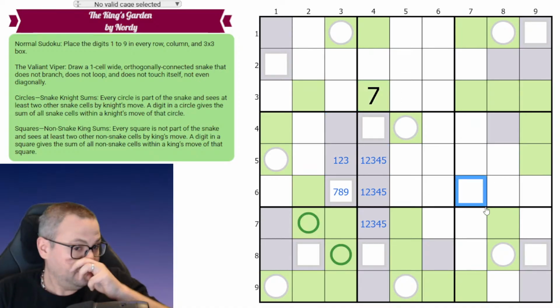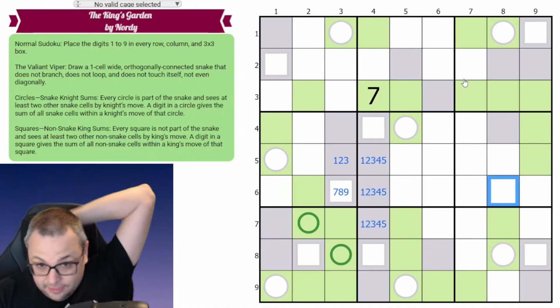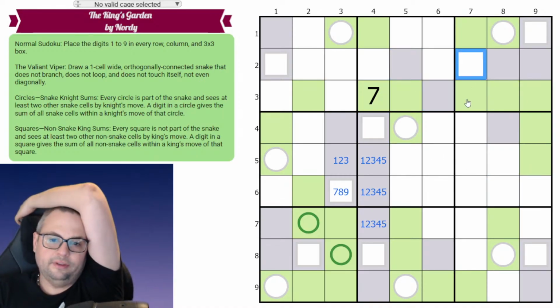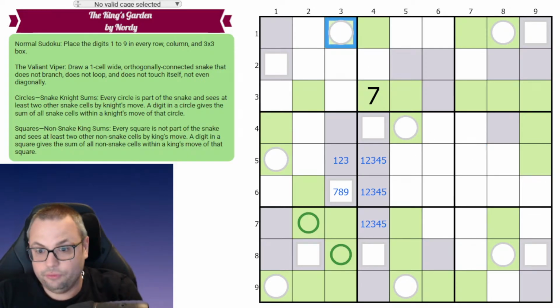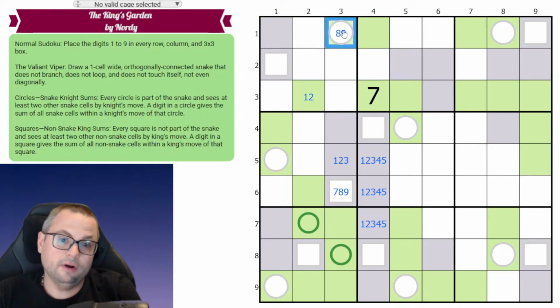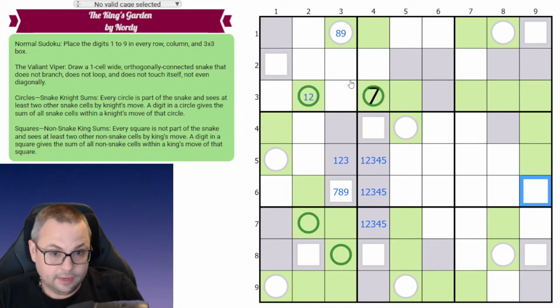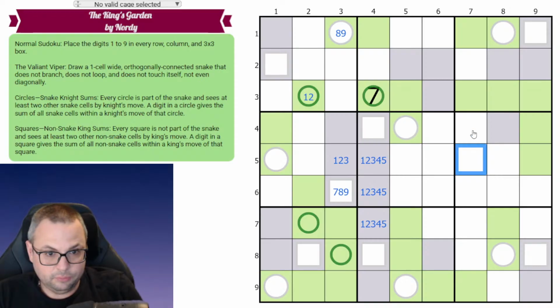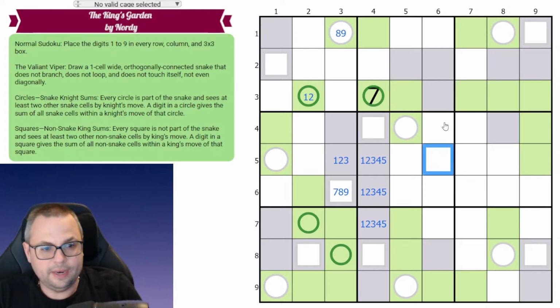So now this is snake, which now makes that snake, which makes these two both not snake. Oh, that's also not snake. Sorry, that would be a corner. Now this is only an 8 or a 9, and this is only a 1 or a 2, because this is now the sum of these two digits for what it is worth. Sure looks like this wants to go this way, but I don't think I know that it has to yet.